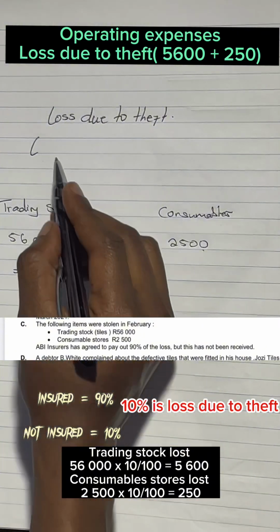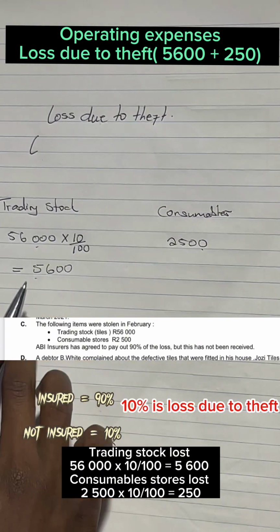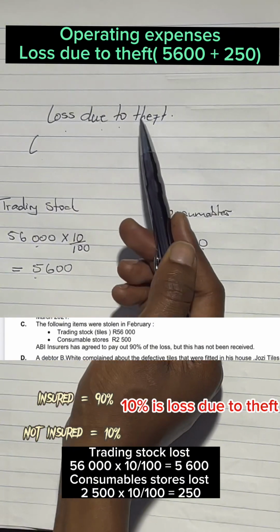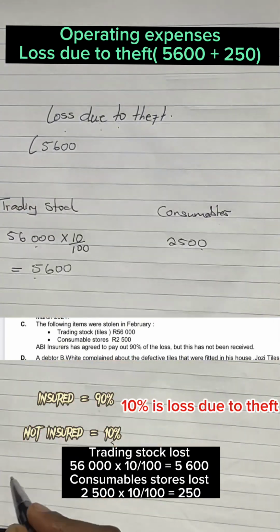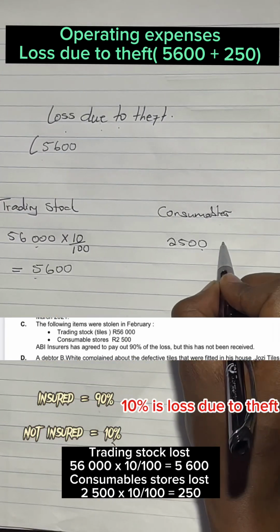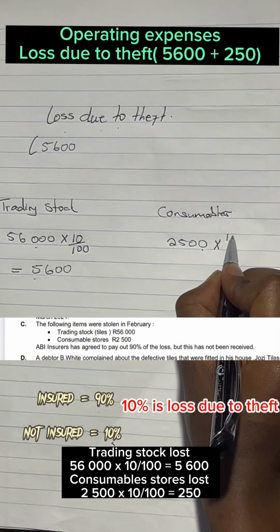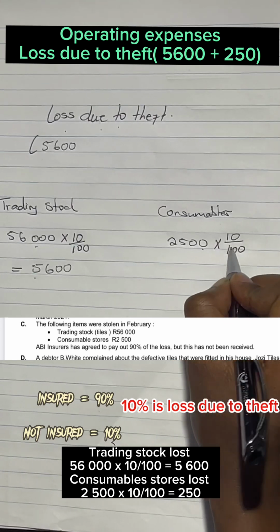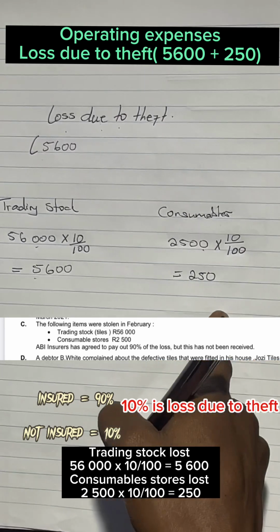5,600. Then under our operating expenses, because it's an expense, we are going to write loss due to theft, and the amount is 5,600. And then we're going to go for consumables: 2,500 multiplied by the 10% that we lost due to theft equals 250.